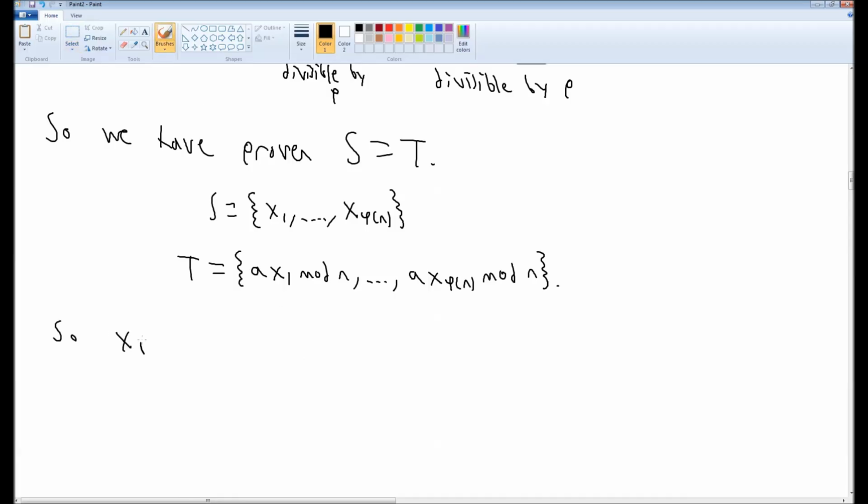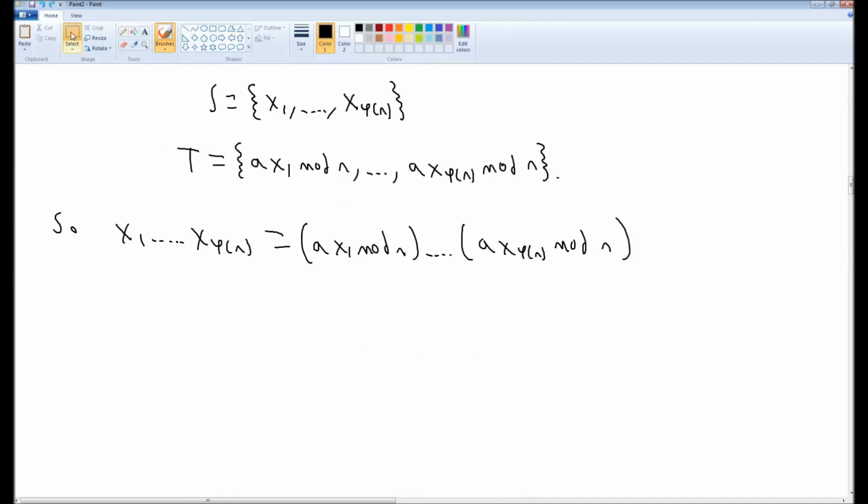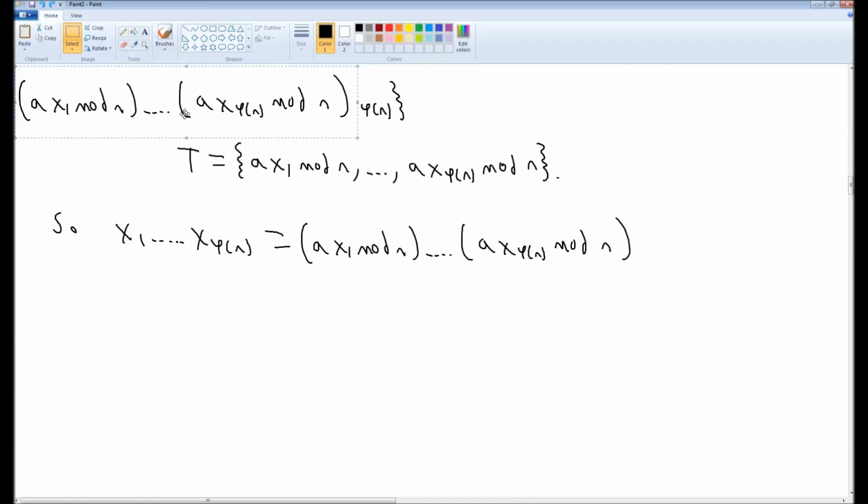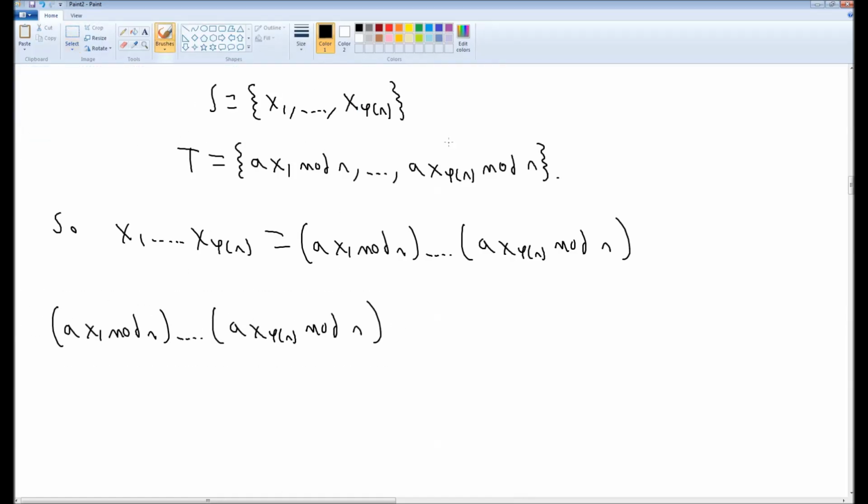So that means if you do x1 times x2 times ... times x phi of n, that's equal to multiplying all these guys out. Now here's the thing. When you take this product of all these guys, it turns out that the product of the individual things is going to be the product of just a·x1, a·x2, ... So since each of these guys is congruent to one of these guys, the product is congruent, okay?